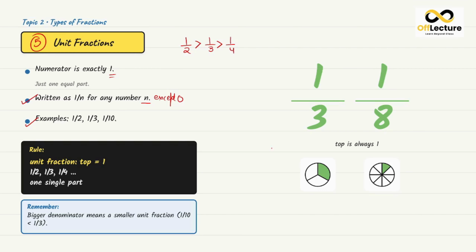Sharing a pizza among three equal parts, each part will definitely be greater than the pizza that has been shared into 8 equal parts. So 1 by 3 will be greater than 1 by 8. So remember, a bigger denominator means a smaller unit fraction.